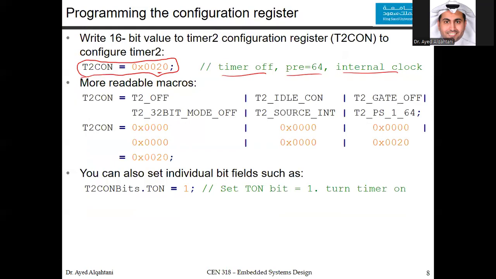So we have timer 2 off, timer 2 idle control, timer 2 gate off, timer 2 32-bit mode off. For each one of them there is another value with on. Since we chose off, the value is going to be 0 for each one of them. And then you OR everyone together and you generate the same timer 2 control register value.